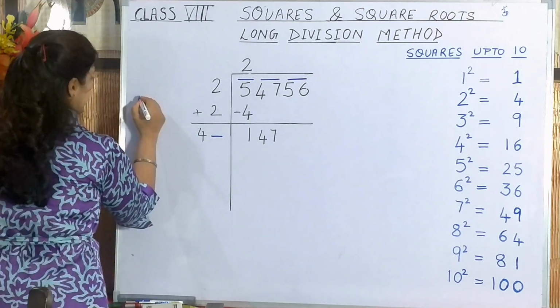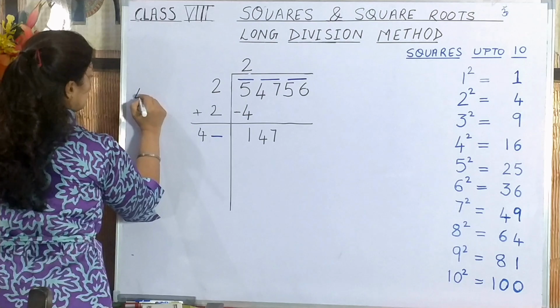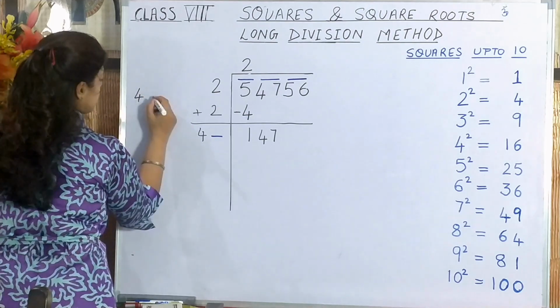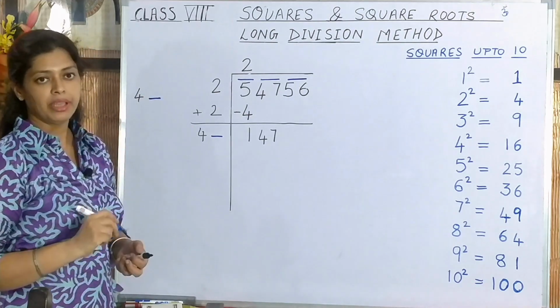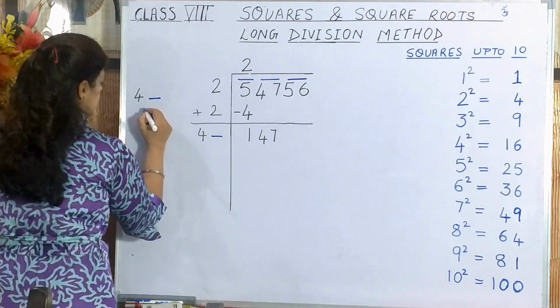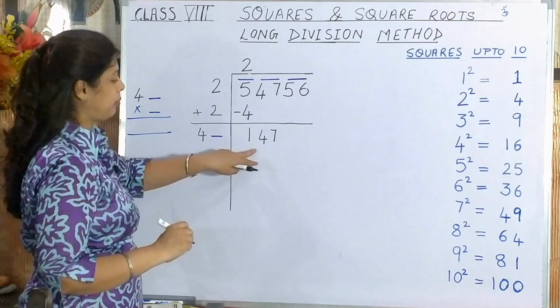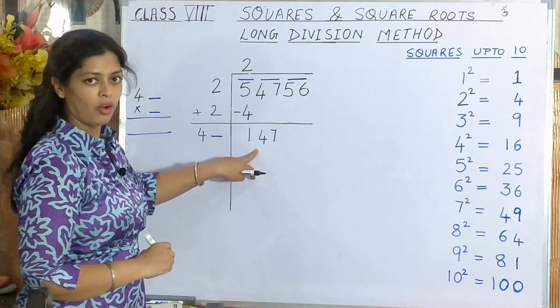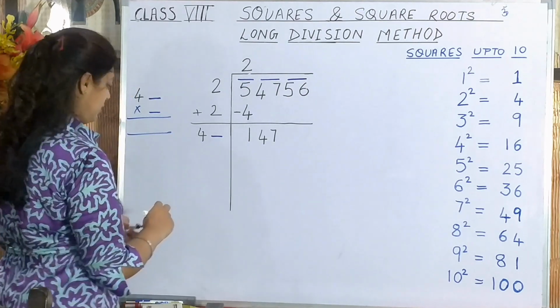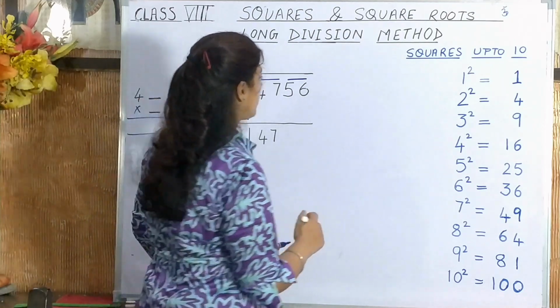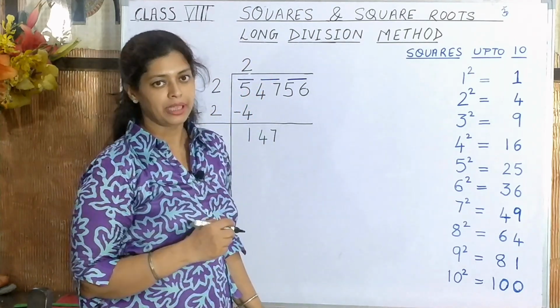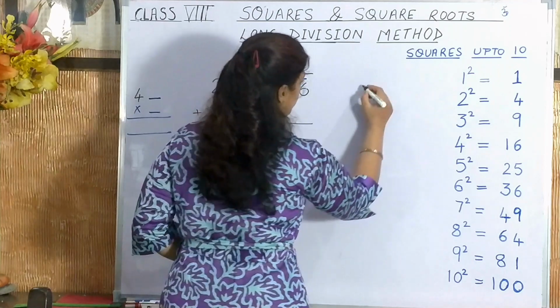So to explain this, I write here 4 and the missing single digit number. This can be any number between 0 to 9, multiplied by the same single digit number, and should give me a number which is equal to 147 or less than that.